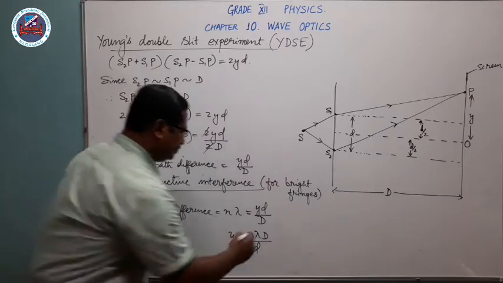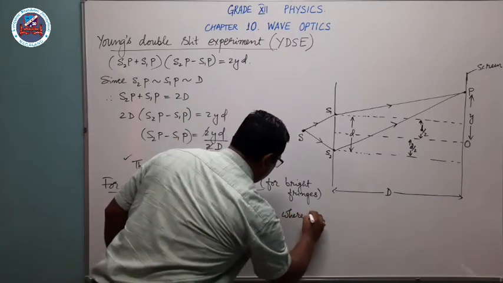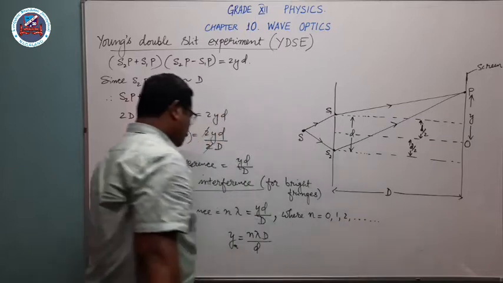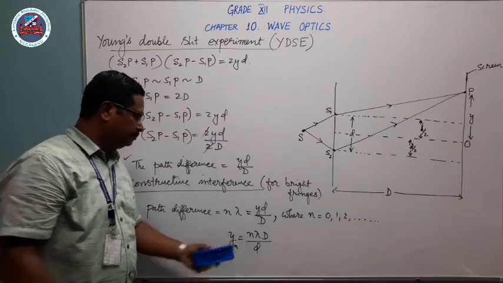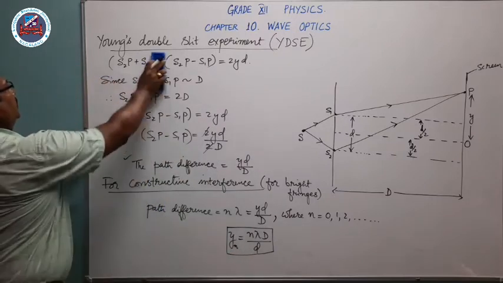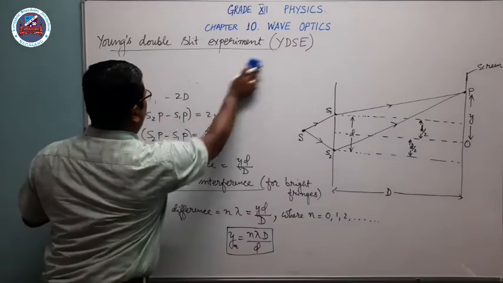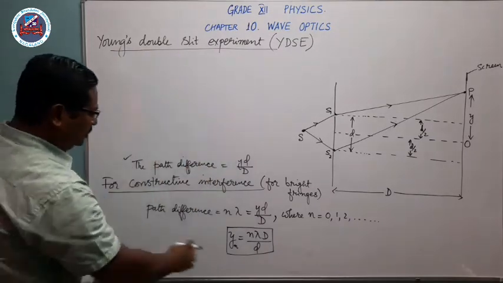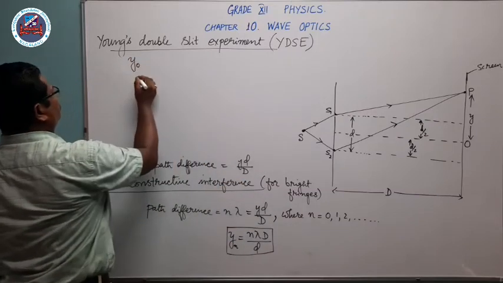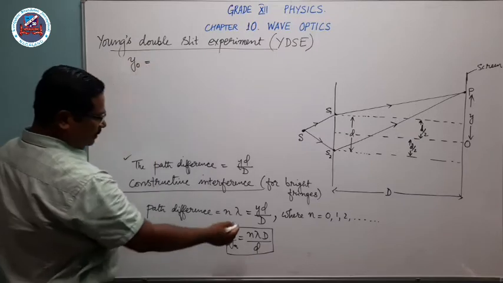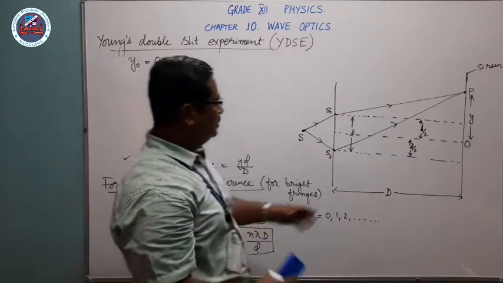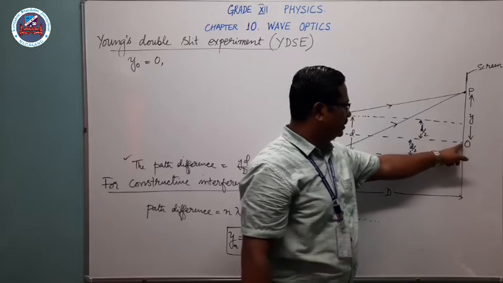And as you know here, n is equal to 0, 1, 2 and so on. So if you put the value of n, you will get the positions at which you will get bright fringes. Let us see. First position y0, for the first bright fringe: if you put n equal to 0, everything will become 0. That means y0 is at the center of the screen.